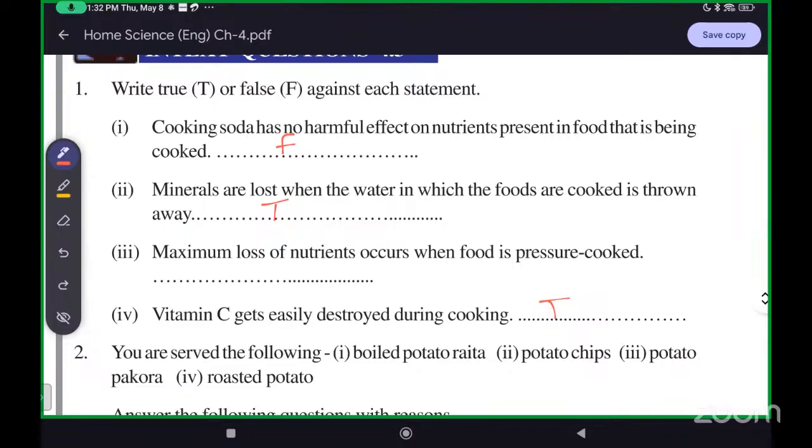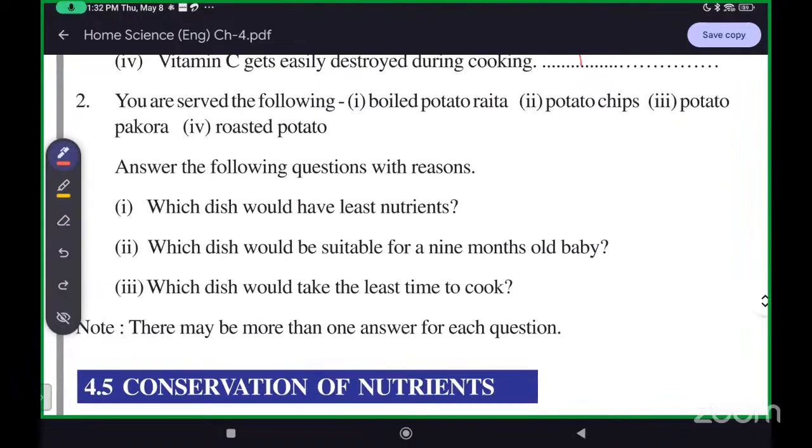Then you are served the following: boiled potato raita, potato chips, potato pakora, and roasted potato. You have to answer the following questions by giving reasons. First one is, which dish would have least nutrients?